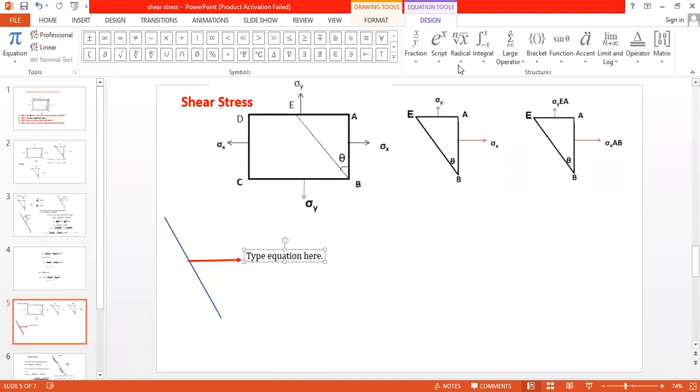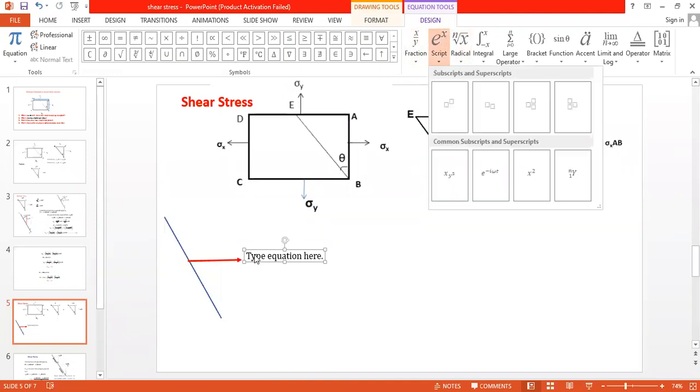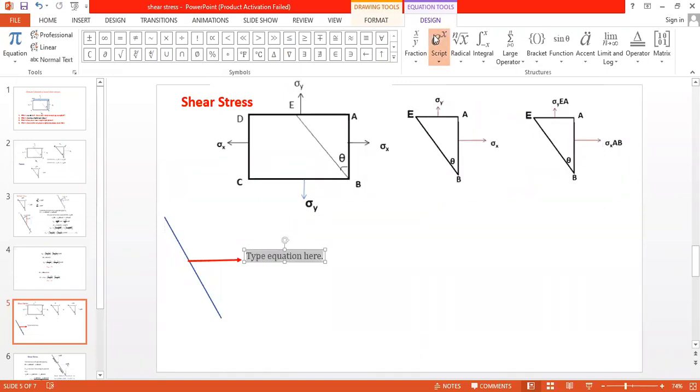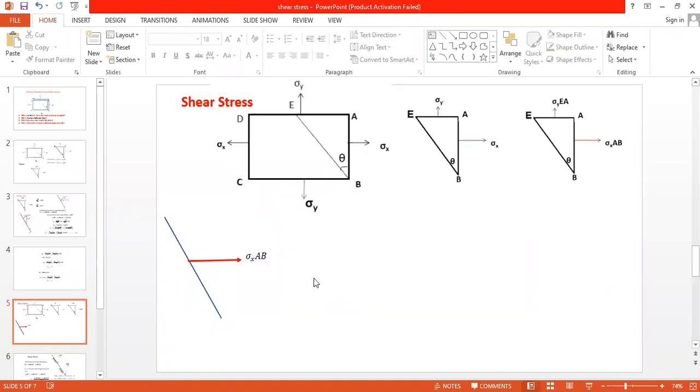I will write here, sigma x AB. Okay, this is a force when we extend this force on EB.